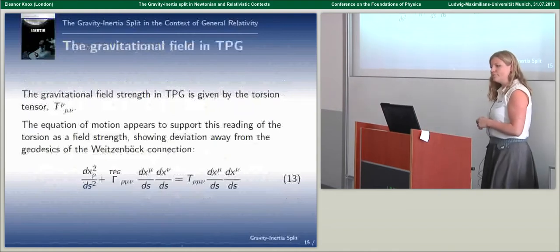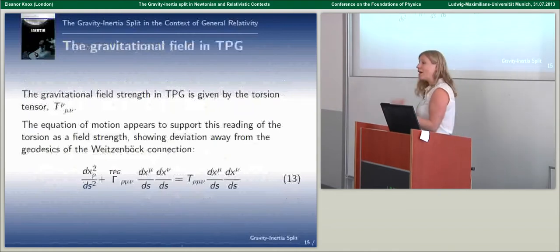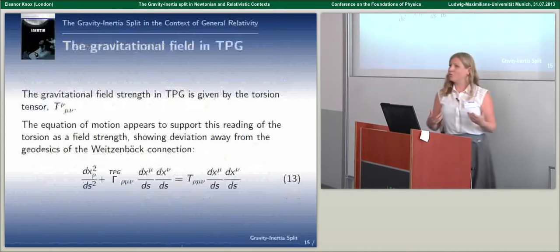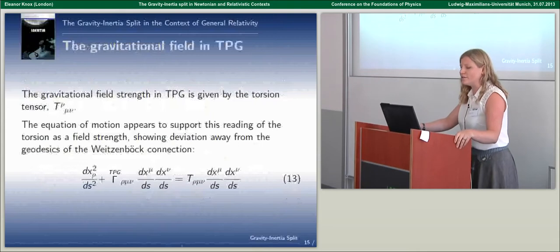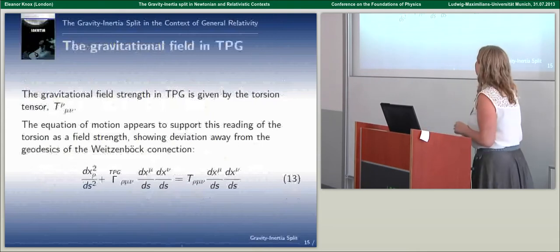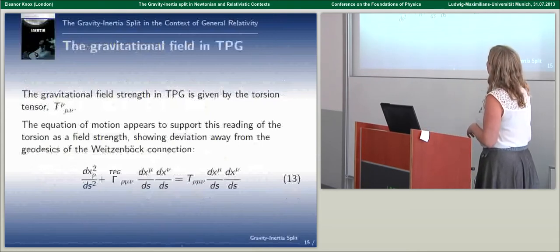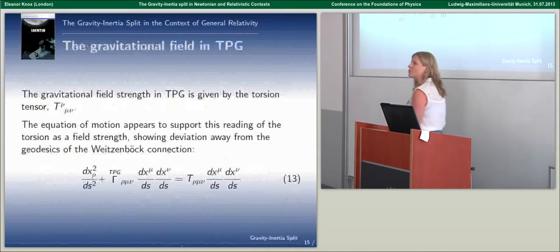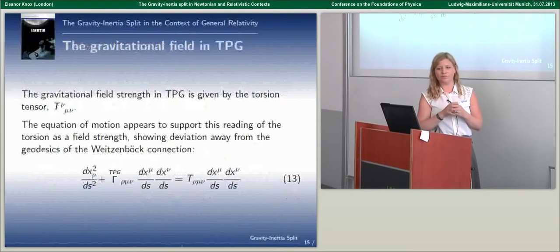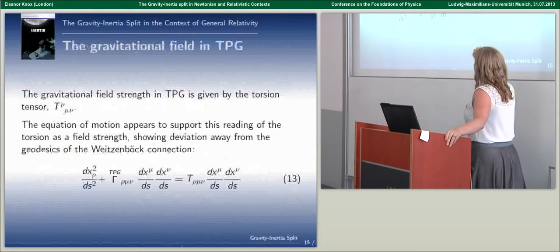And it turns out that if you crank the handle and play around with the formal structure of this theory, the thing that looks a lot like the gravitational field strength in this theory is given by the torsion tensor. One way of seeing that, there are several, is that they come up with analogues of the Lorentz force law, and a Lagrangian and all kinds of other things.